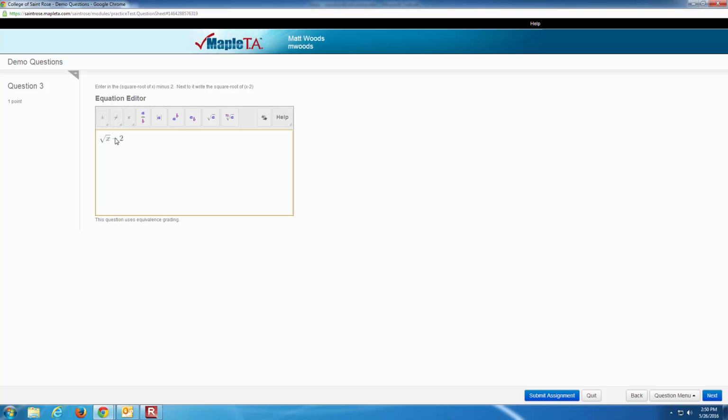And then next to it, it wants me to write the square root of x minus 2. So I need this again. Backspace out the a. Replace it with what I want. x minus 2. And then I can hit the right arrow key. Alright, so this is just to show you the difference in what they look like. Wherever I want, once I'm done with whatever's under the radical sign, I hit the right arrow key.